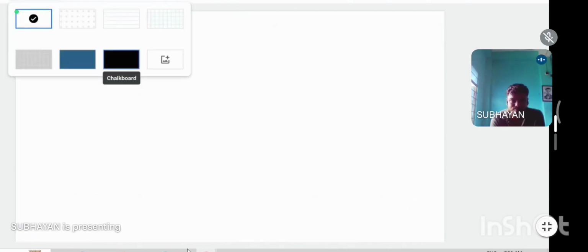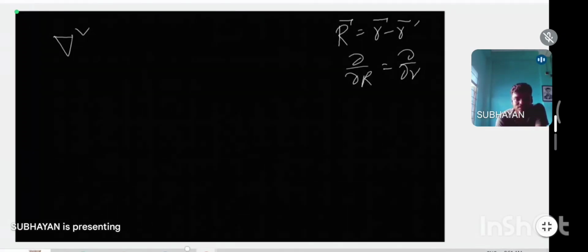So here grad square is in terms of small r, as R equals r minus r prime. So del r is equal to del R for a constant source.